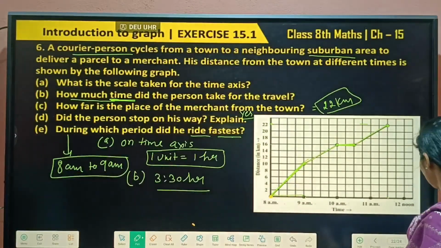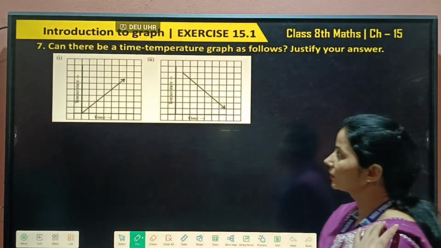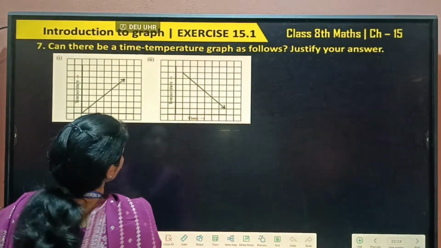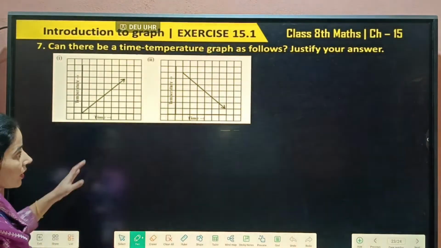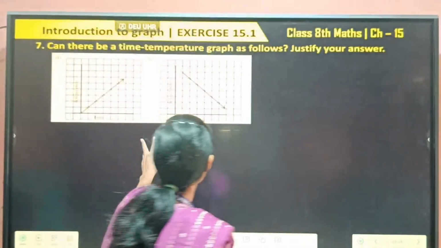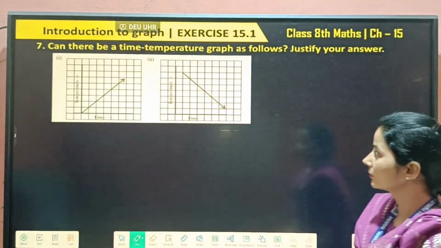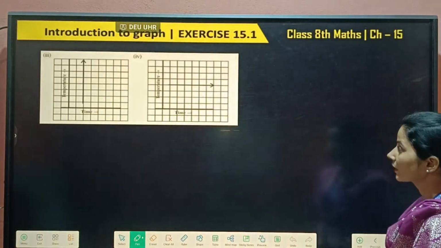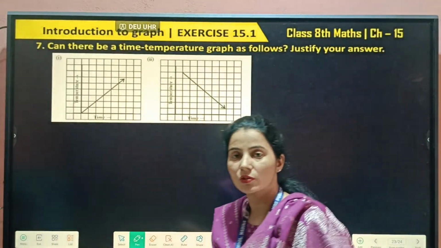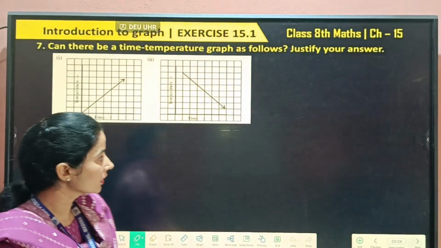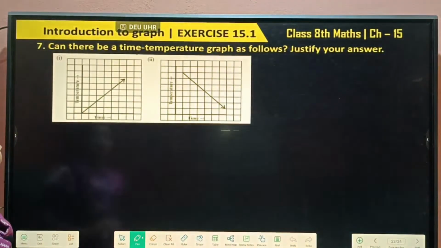Question number 7. Let us see, can there be a time temperature graph as shown? Justify your answer. Means we need to tell which graph is possible. Two more parts are given to us. We need to tell which graph is possible and which is not. Let us read the first graph.